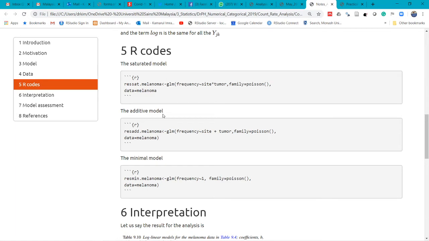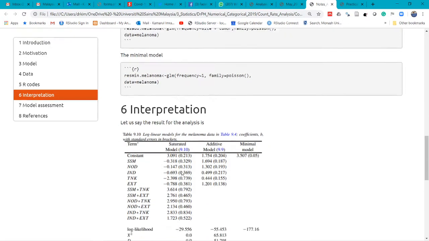You may have an additive model where not all of the variables are inside the model, and no interaction. And the minimal model is a model where you have only a constant, no other predictors.